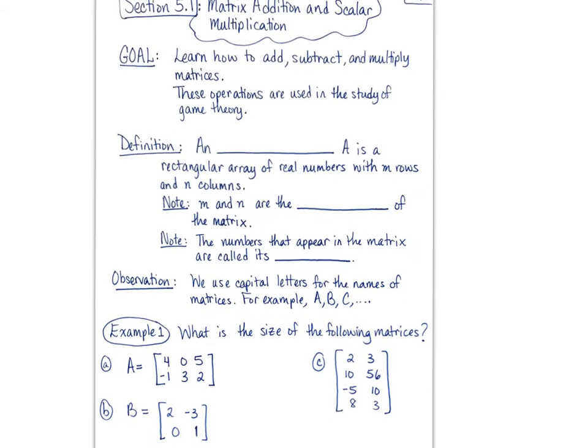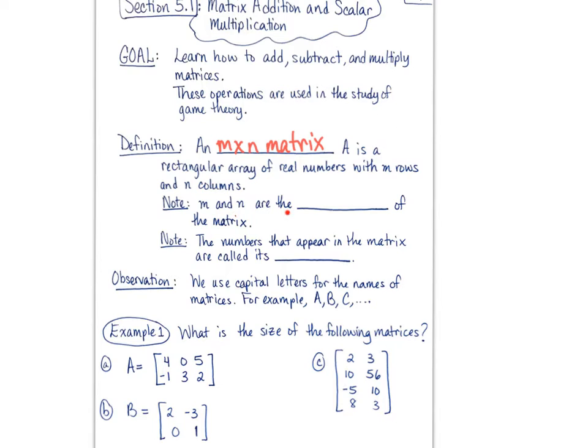So let's start out with a definition here. An M by N matrix A is a rectangular array of real numbers with M rows and N columns. Remember we talked about the size of a matrix before? The size of the matrix is M by N, so it's rows by columns.